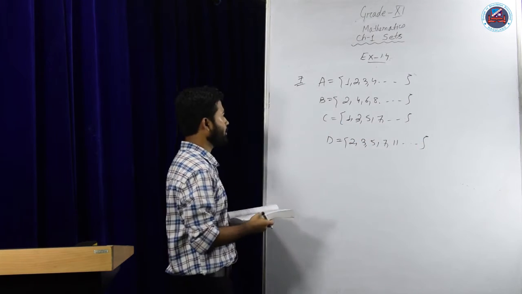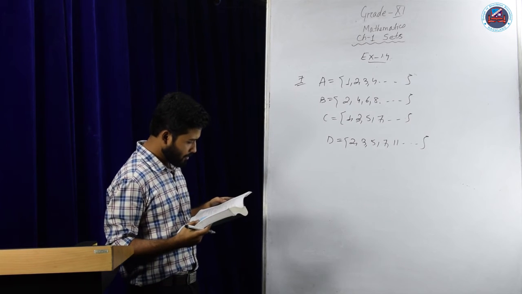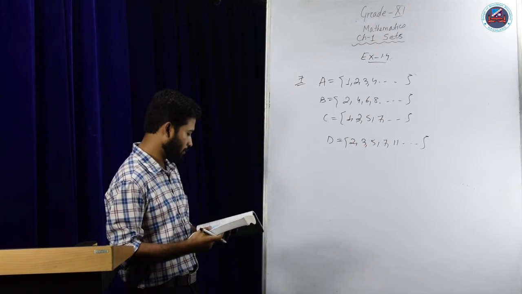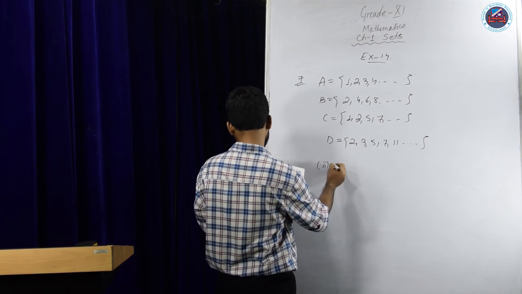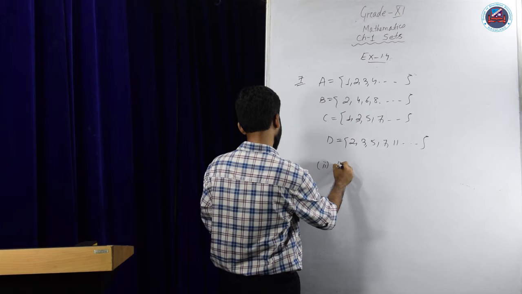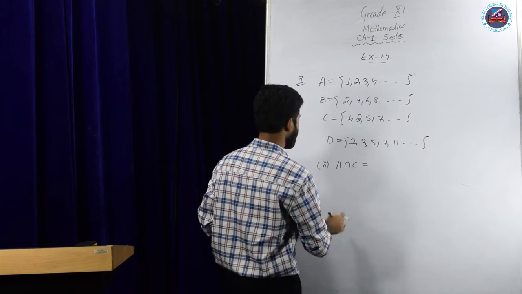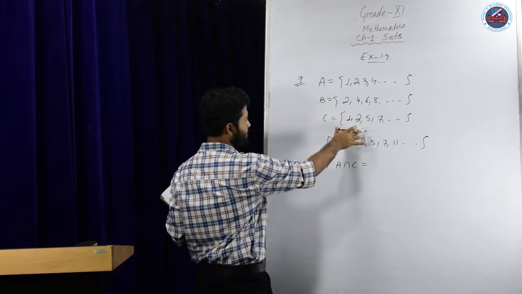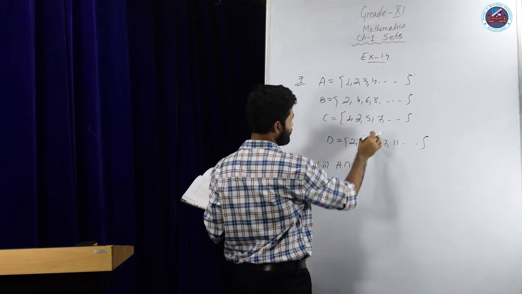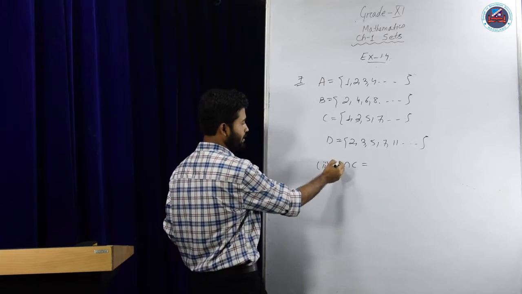Okay. So we have 4 sets here. So now question number 7, let us do any one of them. The rest you can do it. Let us do question number 2. A intersection C. So what will be intersection C? Clearly we have in A all the natural numbers and in C all the odd natural numbers. So what will be the intersection?